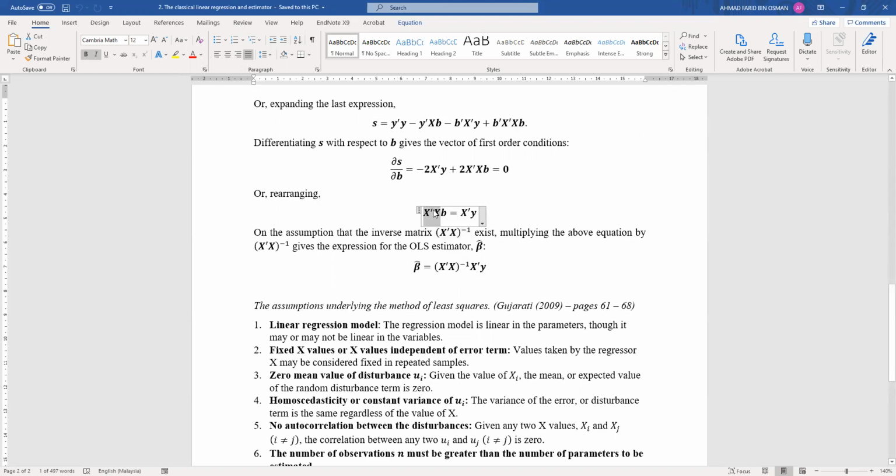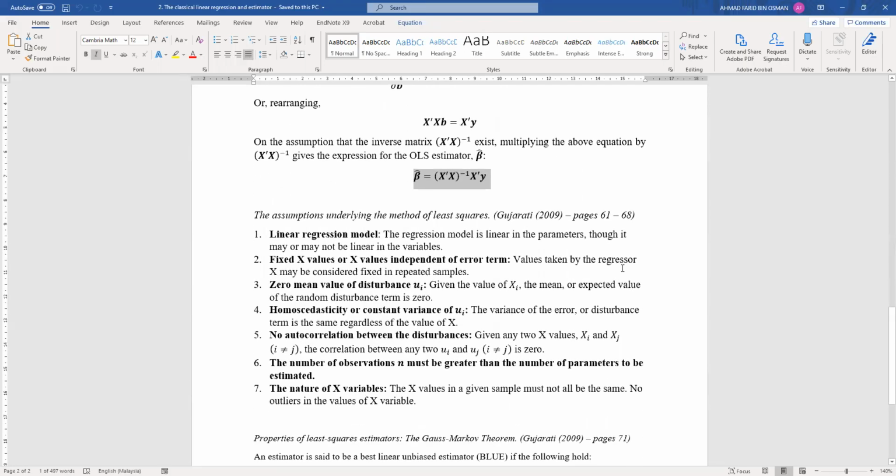We get B equals X transpose X inverse times X transpose Y. So this is the equation that can be used to find the set of estimates for the parameters that will give us the smallest sum squared of the residuals.